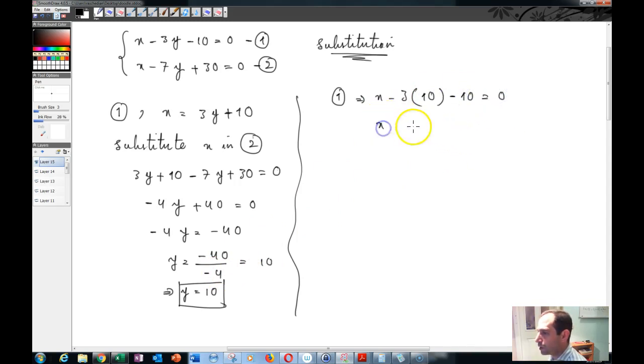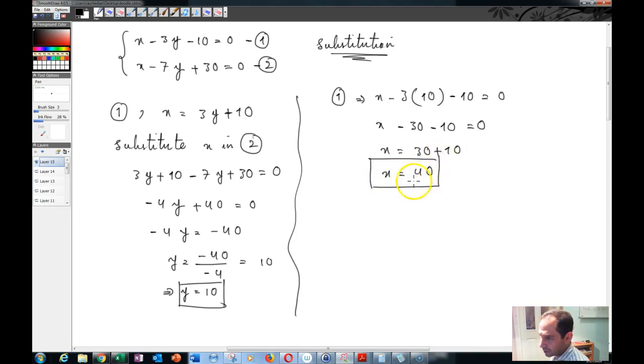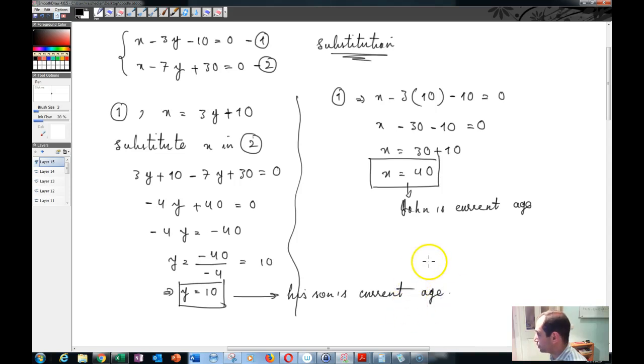Okay. So then X minus 30 minus 10 is equal to 0. And X is equal to 30 plus 10. And X is equal to 40. So this was John's current age, and this was basically his son's current age.